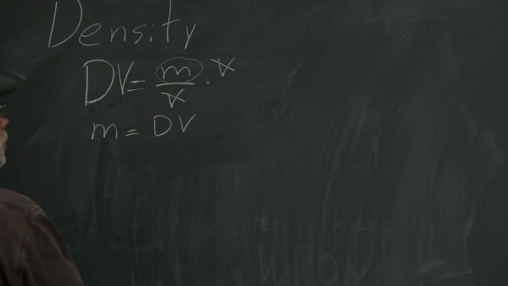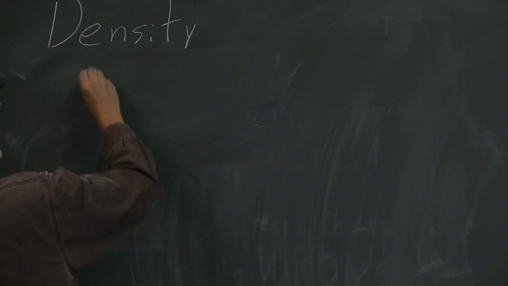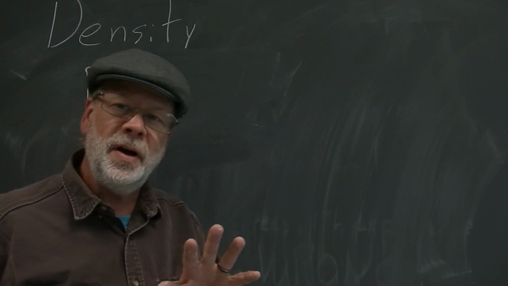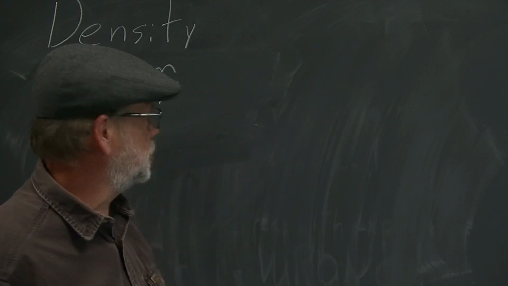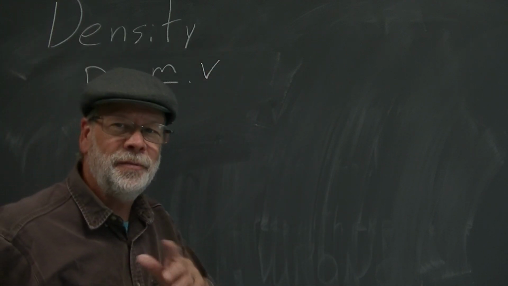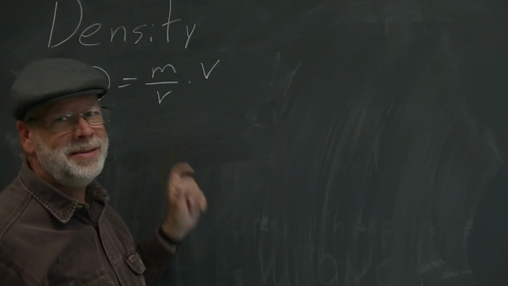Okay, but what if you were asked, let's go back to the original question, density equals mass over volume. What if you were asked to find the volume now? Now you've got to do two steps in your algebra. First, you have to get the volume on the top. If you solve for reciprocal volume, that's volume on the bottom, that's not helping you.